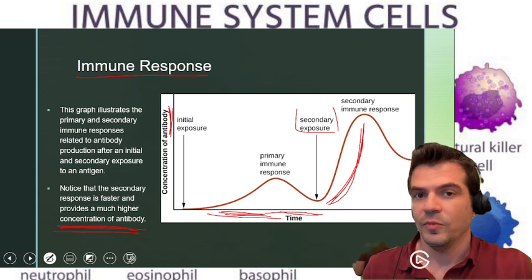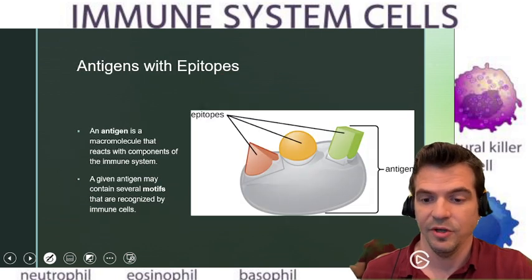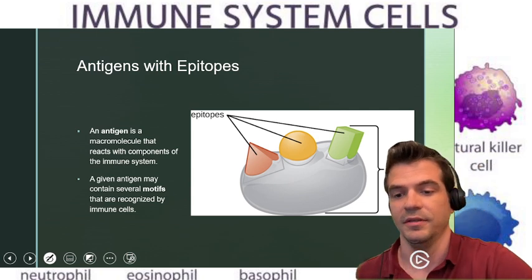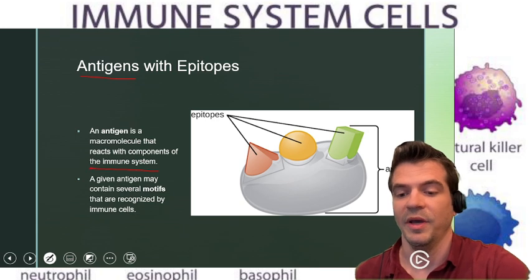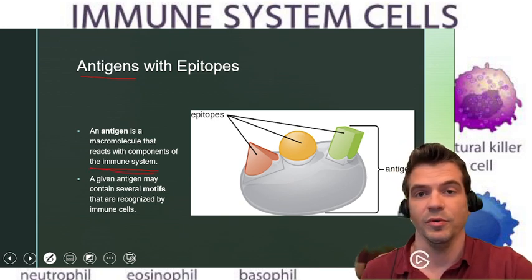So now we need to discuss what antibodies are. But in order to know what an antibody is, we have to know what an antigen is. An antigen is any molecule or macromolecule that reacts with the components of our immune system.